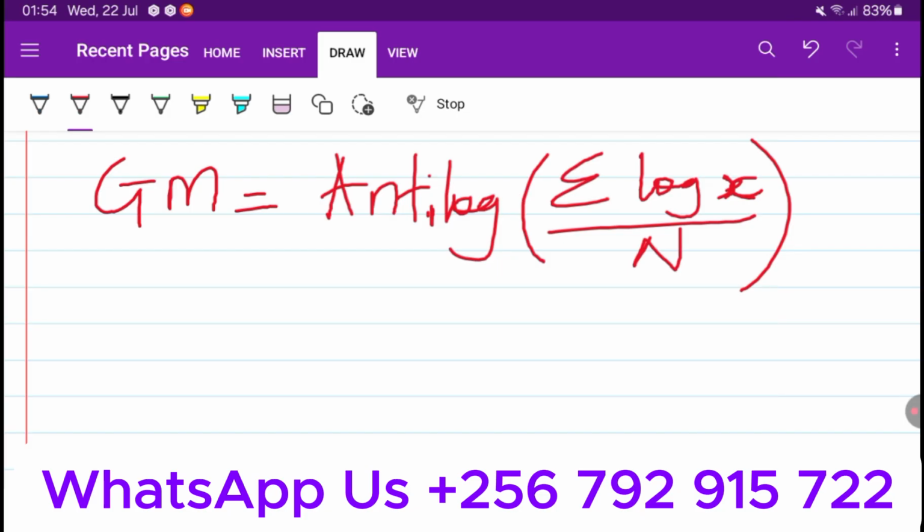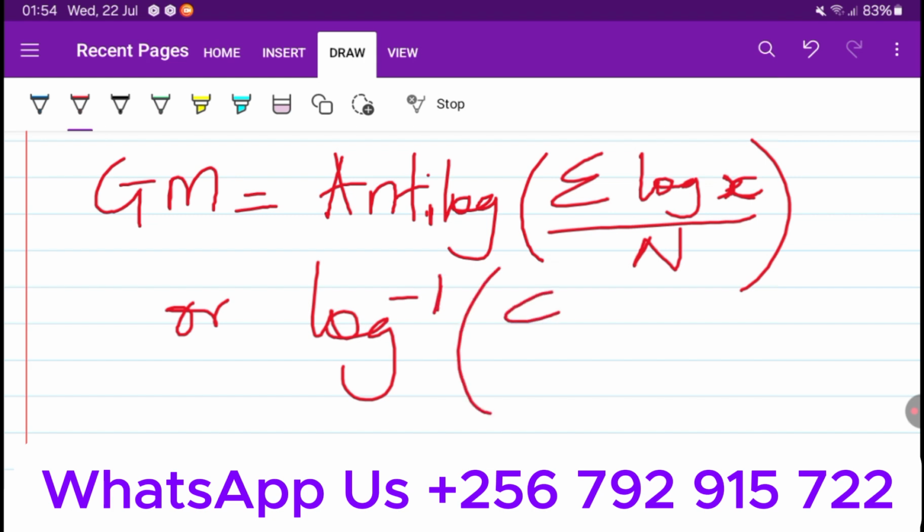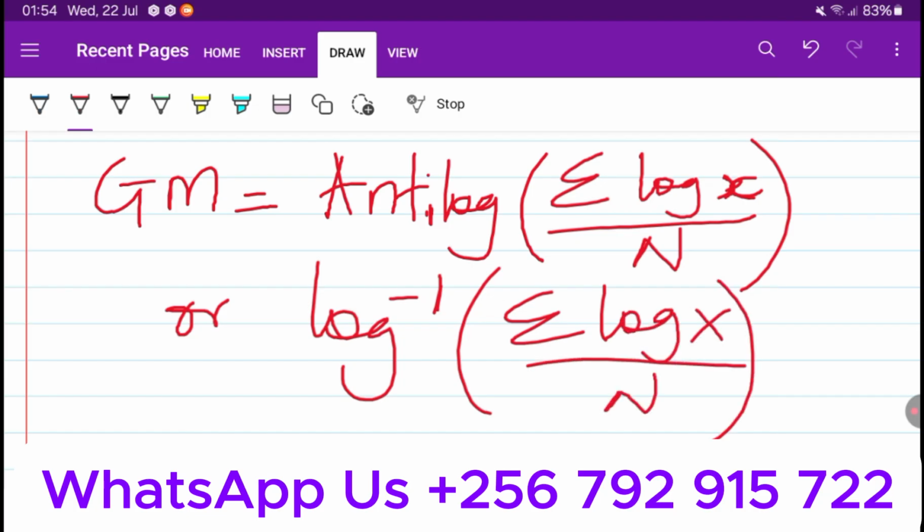So the antilog, or another person can write it as log with a -1 to mean the antilog of the summation of log x over n. I just took this 1 over n from the other formula that we have just seen.